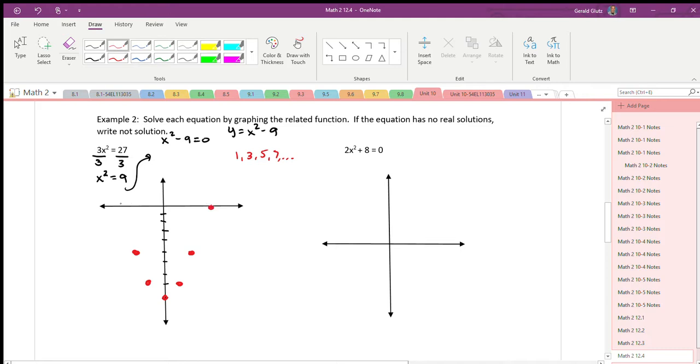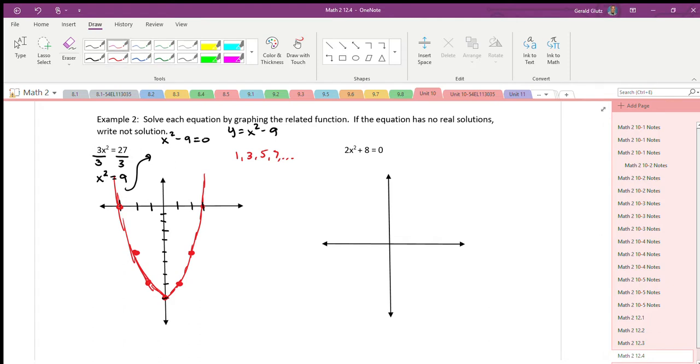Right 1. I think I went a little too far to the right. And so on. I should have made the x values 1, 2, 3, 1, 2, 3. We will need those.